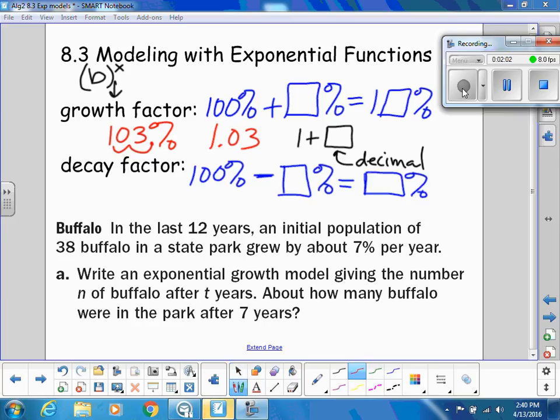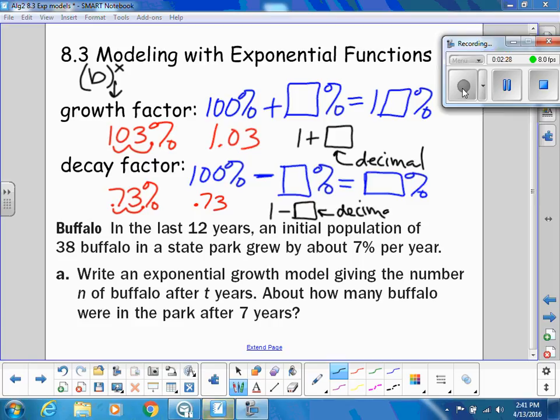So if I had something like 73%, again, I'm not going to use 73% in my equation. I'm going to move that decimal point 2 places to the left. So 0.73 is what I would use as my B. So your decay factor is going to be 1 minus whatever this is as a decimal.